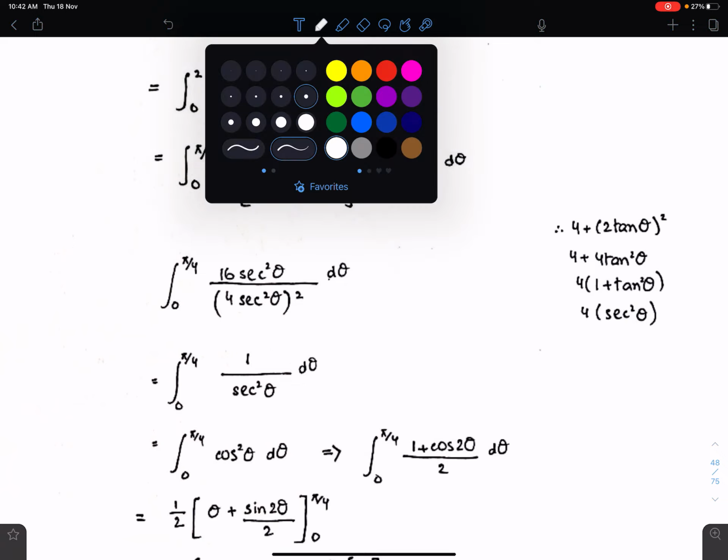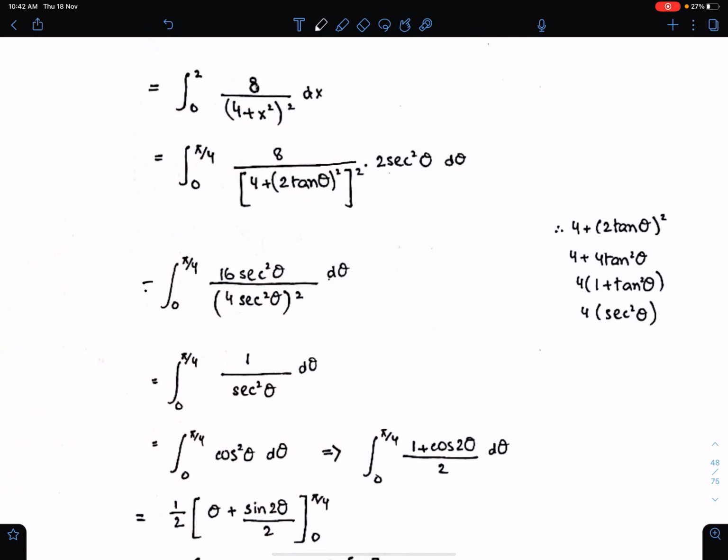This equal should be here. Well, this will become 16 sec square theta. See, the simplification of this is here. This will become 4 tan square theta, and when you take 4 common from these two, you'll get 1 plus tan square theta in the bracket, and this is sec square theta, and this square is here.